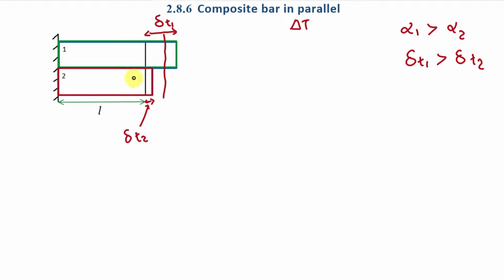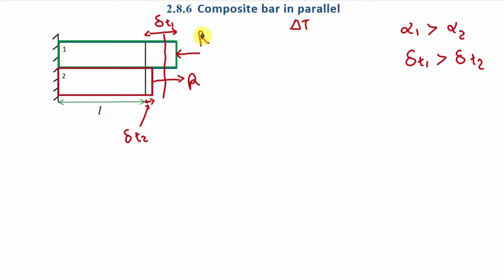This body 2 will try to apply a reaction on body 1 in this direction, and body 1 will try to apply a reaction on body 2 in this direction. Means both bodies will apply a reaction on the other body. Fine. Now let us take the value of this reaction as R. It will be the same for both the bodies, right?